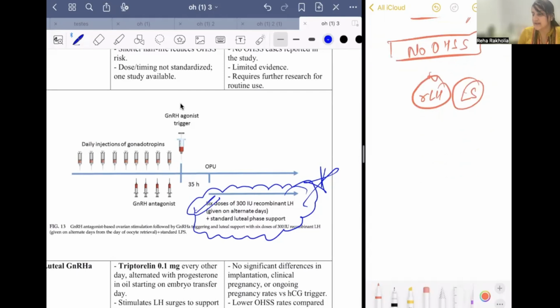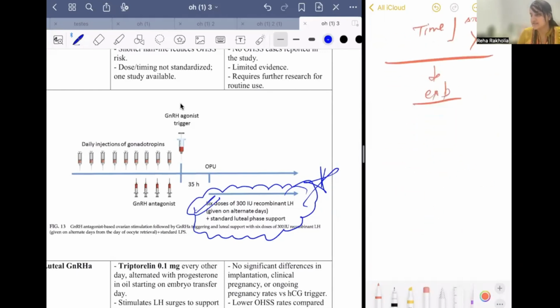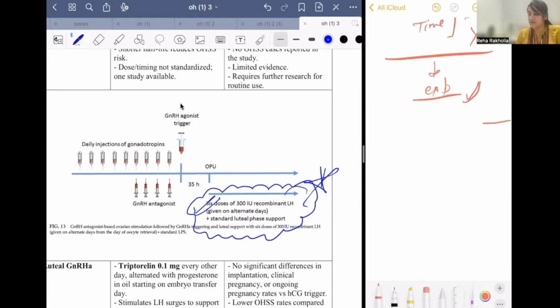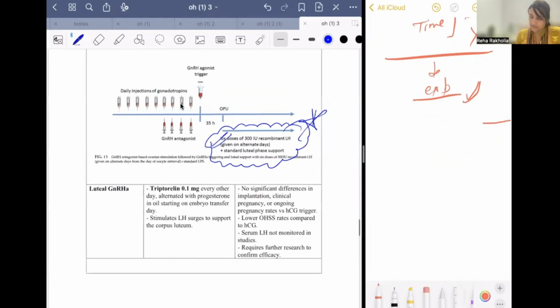However, since dose and timing are not standardized and it is very expensive, further research is needed before this method becomes routine clinical practice. It's not a practical way to give this. Okay, so it is difficult to give this.